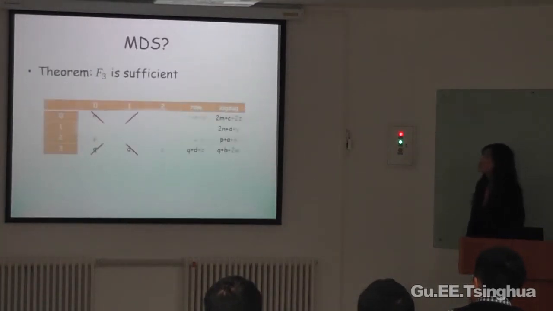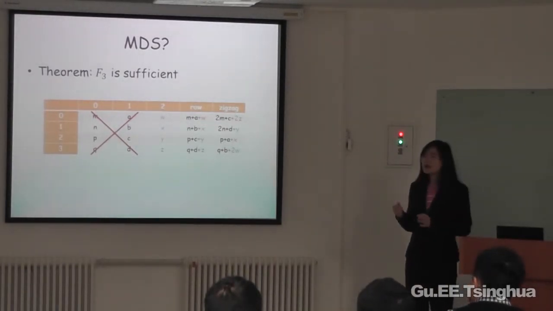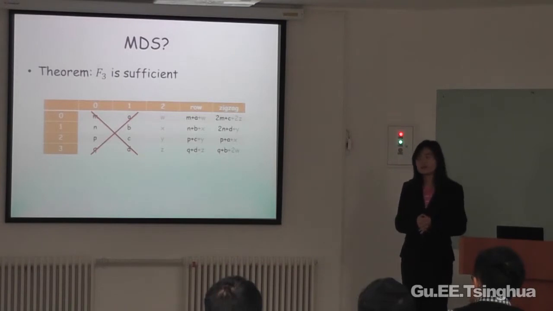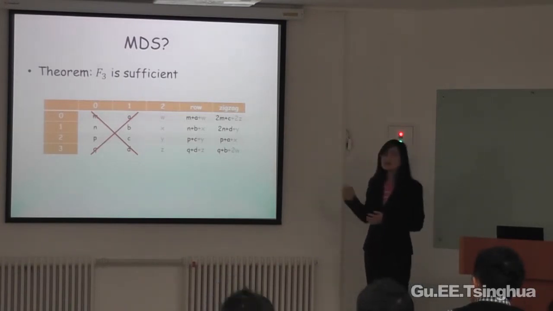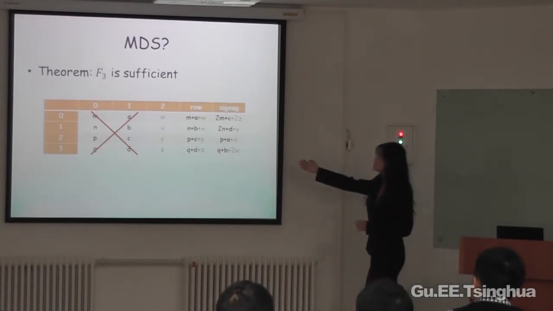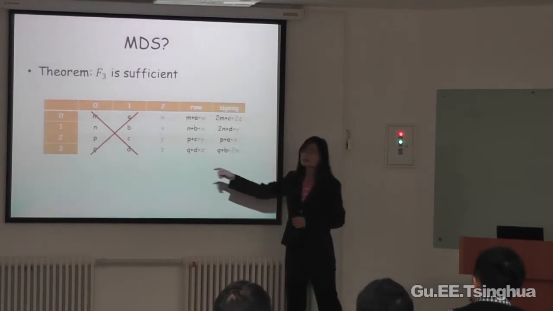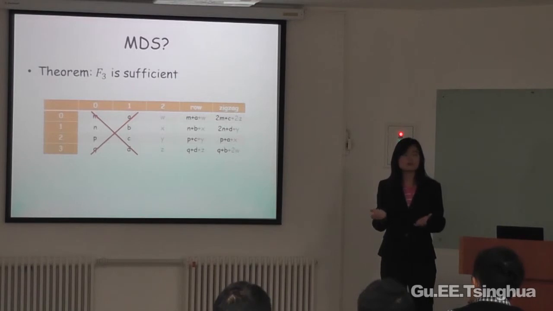So now we ask the question, is this code MDS? We have so far tried to recover only one column erasure. Now suppose that I lose 2 of the columns. Then because the code is MDS, I have to be able to recover them. If you look at this example, I need to recover 8 unknowns, and basically I have 8 linear equations to solve.